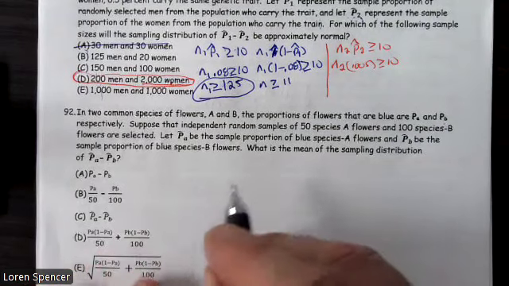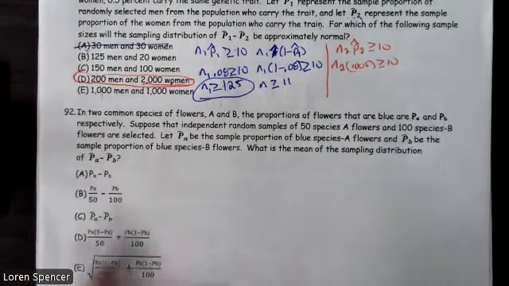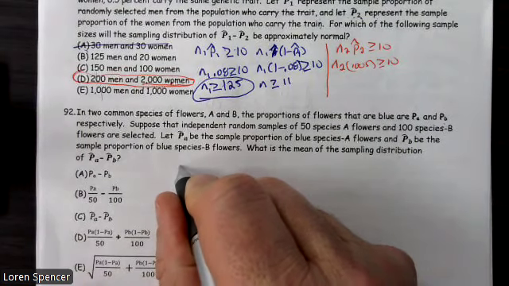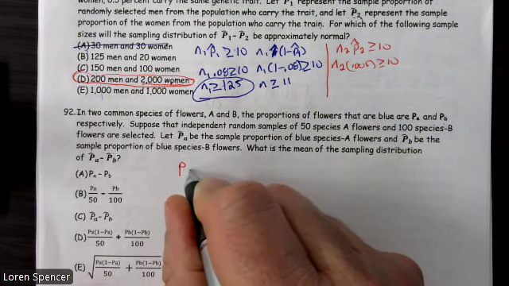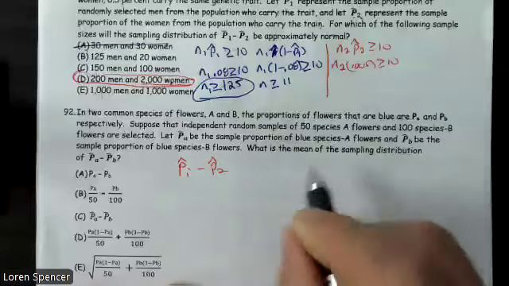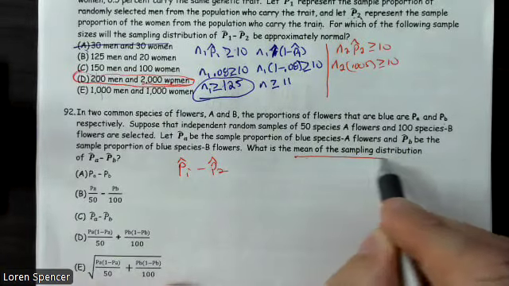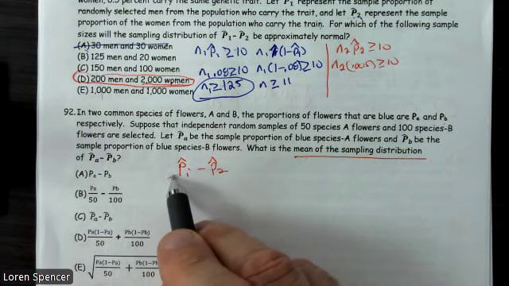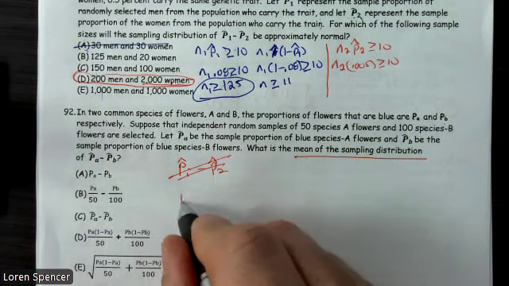Well, if we think about it as far as a confidence interval, the part in front of the confidence interval is the mean, and that's basically p hat 1 minus p hat 2. But they're talking about the mean of the sampling distribution, which means we're no longer talking about the sample, we're talking about the population.